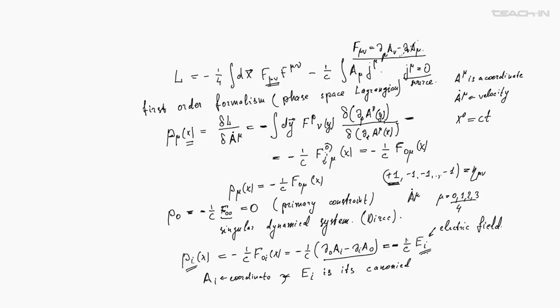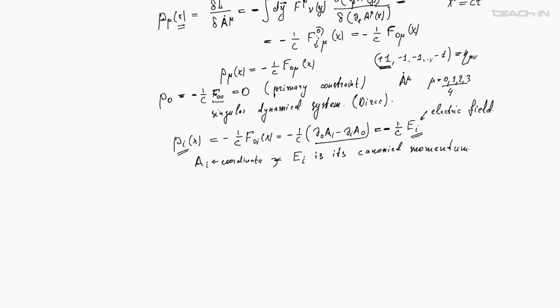Okay, so this means, in fact, that we can solve for ai dot via pi. So ai dot is this term here. We put di a0 to the left-hand side, and then I multiply by c, and I will get ai dot to be given by ei plus di a0.